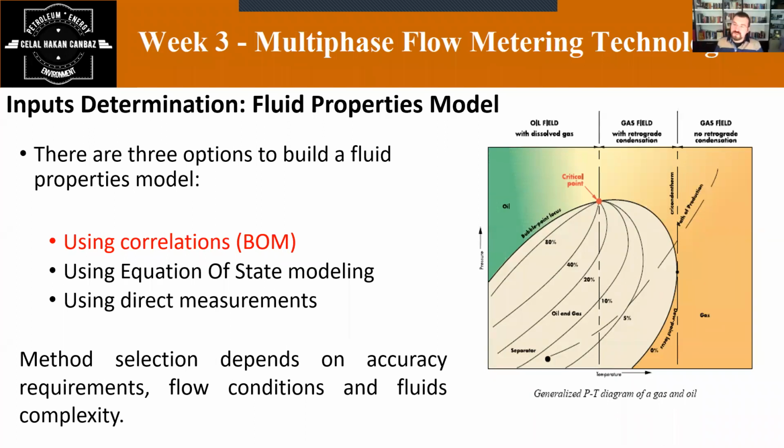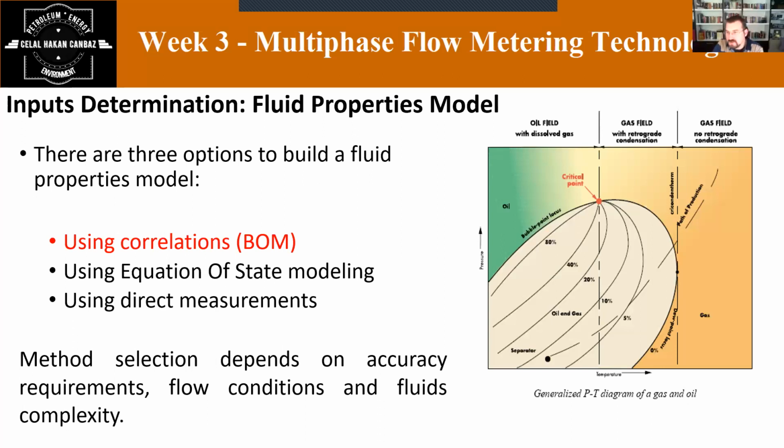You will put these experiment results in as an input value to your processor, which uses the fluid properties model and combines it with the total rate and the fraction results. So this is one of the best methods, using direct measurements.